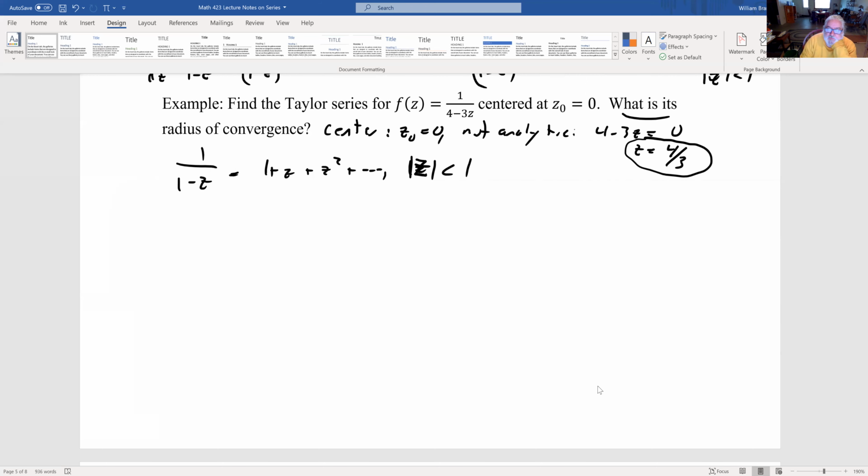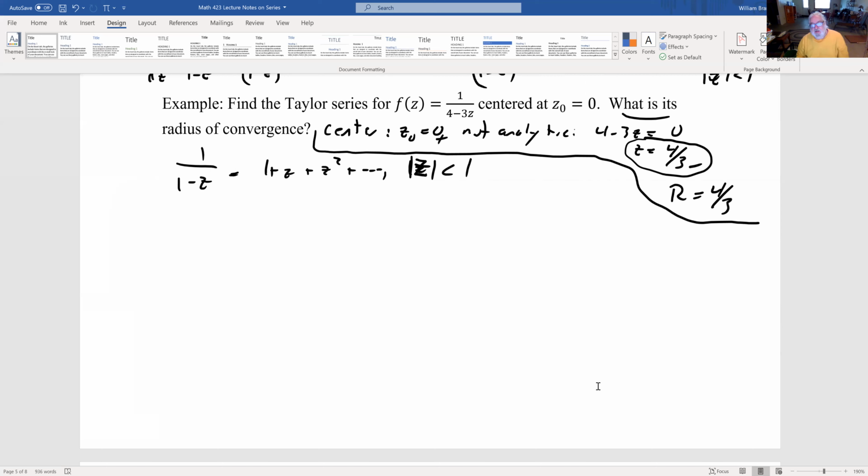It's at 4/3. What's the distance from 4/3 to 0? The distance is 4/3. So the radius of convergence is actually going to be 4/3. So that's how you find the radius of convergence. Much easier than having to do the ratio test. Find the center, find the place where the function is not analytic, and find the distance between those 2 points.